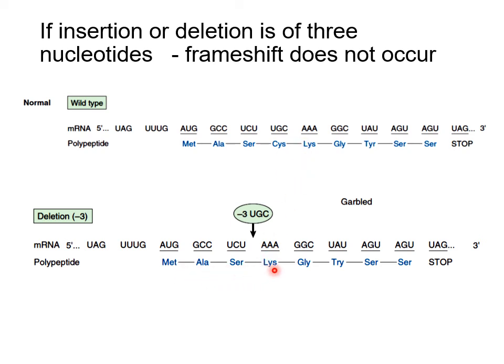So this results in a protein which has one amino acid less because of the deletion. Similarly, if it is an insertion, there may be an additional amino acid. So again, depending on how critical the amino acid is for the functioning of the protein, you may have a protein which may be functional or non-functional. But this does not change the reading frame, so it is not a frame shift type of mutation.